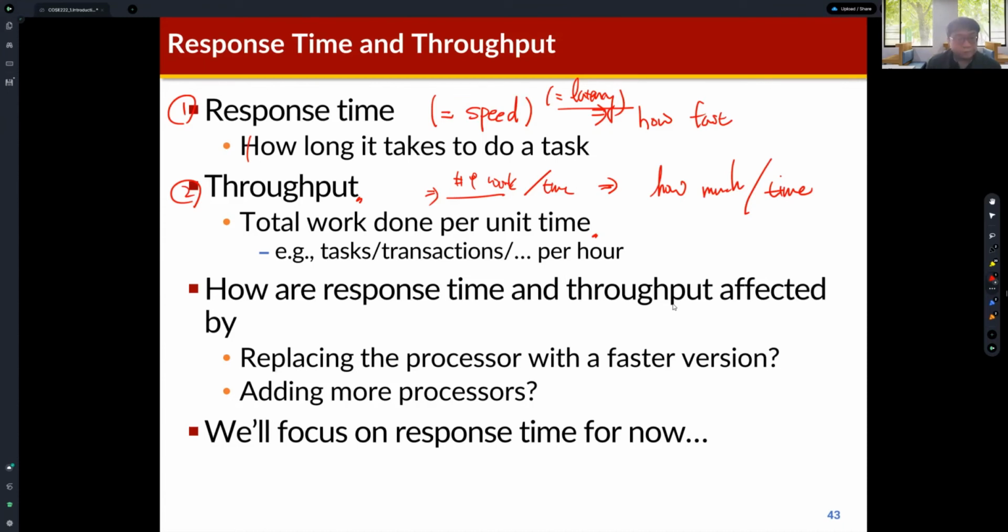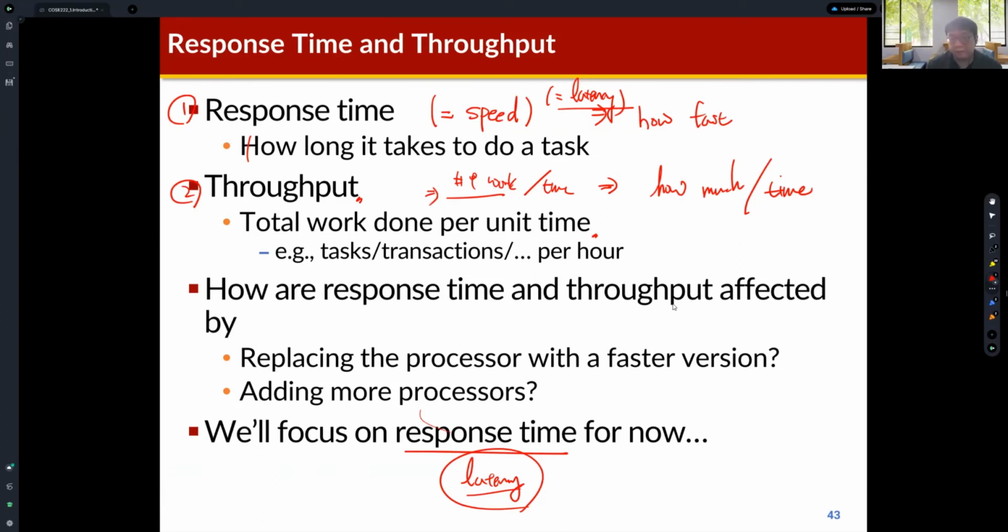From now on, we will focus on response time, latency. We will focus on the speed of a computer processor.